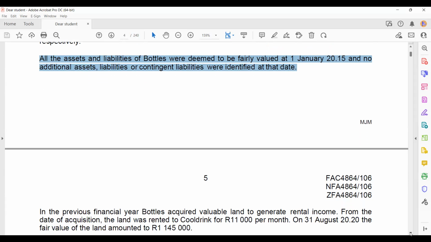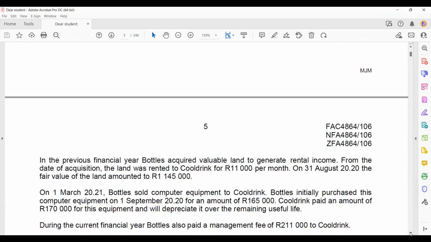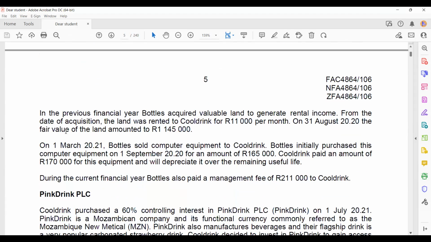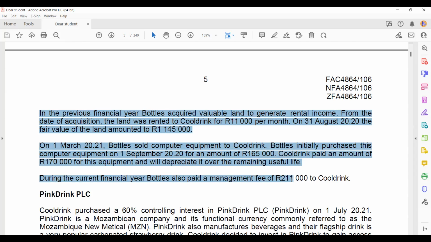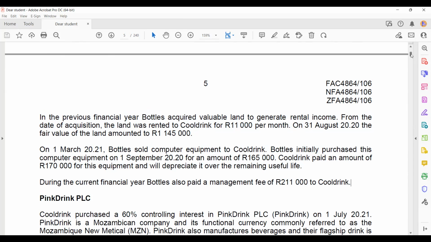The only thing you must just be aware of is if there is a bargain purchase gain. Okay, then over here, we can see your intercompany transactions. So now we can deal with that. But the first part, get profit for the year from bottles from a separate entity point of view. Then we make group adjustments.